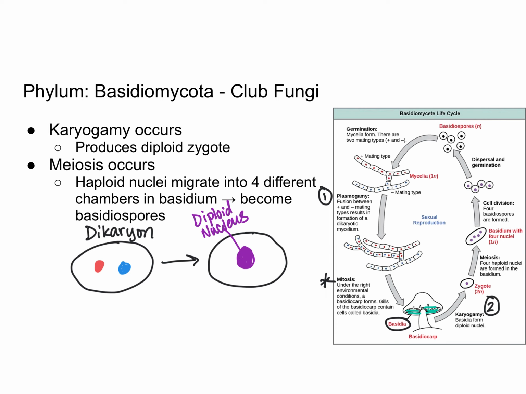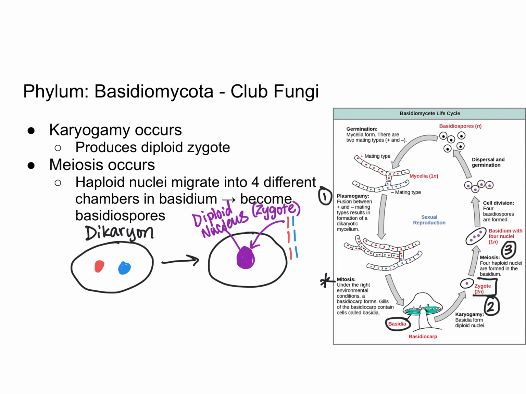And recall that within this nucleus, you are going to have a combination of paired red and blue chromosomes. And the cell with the diploid nucleus is now called a zygote. This zygote is then going to go through the third step of fungal reproduction, which is meiosis.